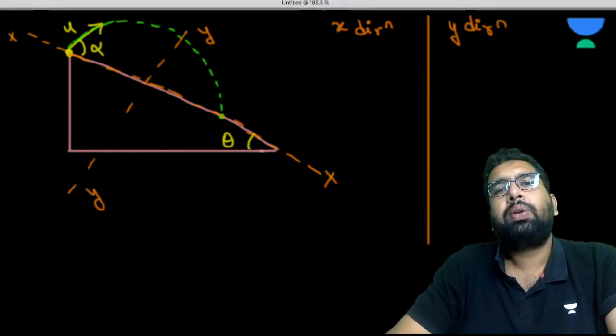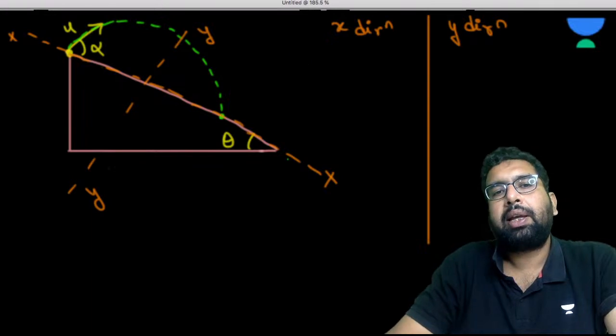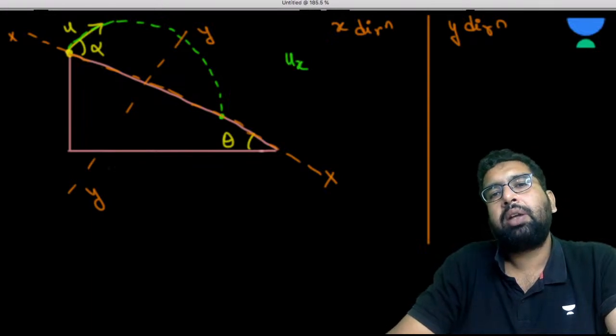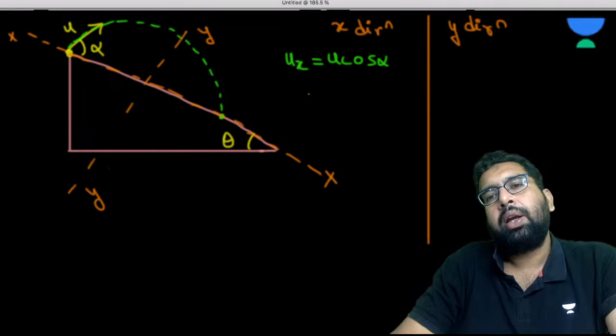So what is going to happen? In x direction, what is going to be the initial velocity? In x direction, the initial velocity is going to be u cos alpha. In y direction, the initial velocity is going to be u sin alpha.